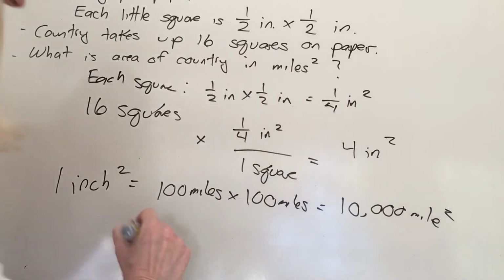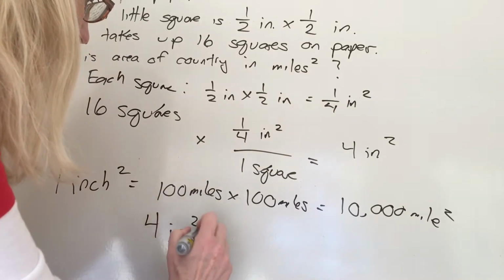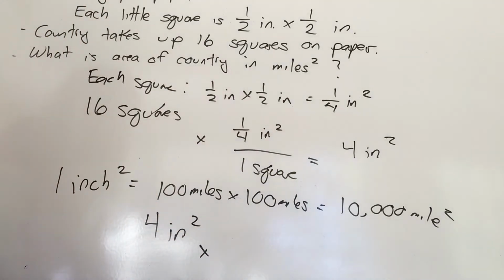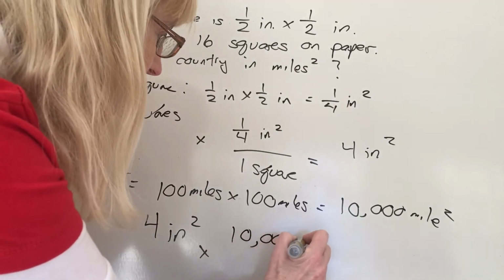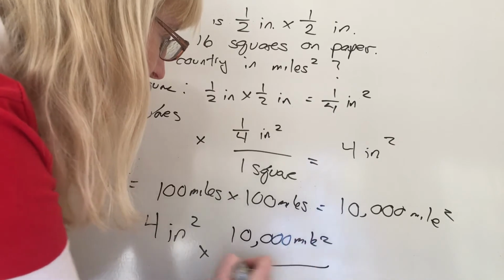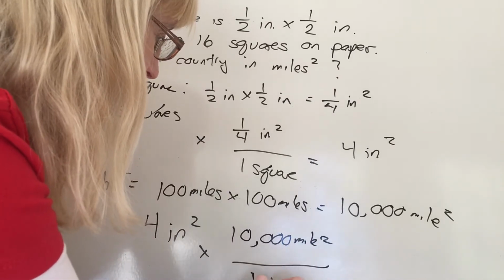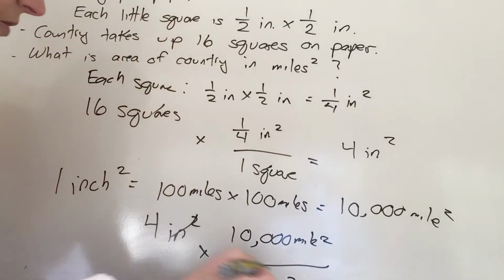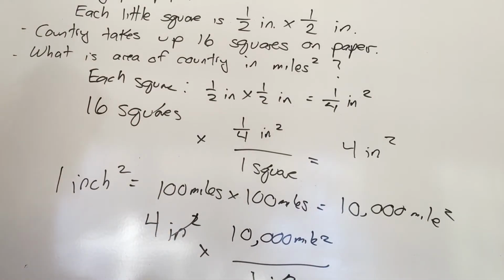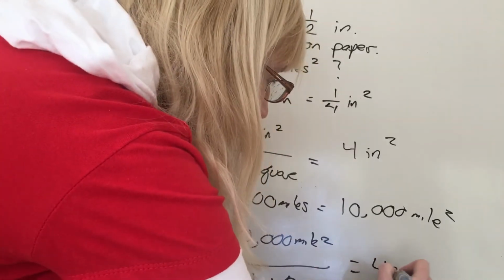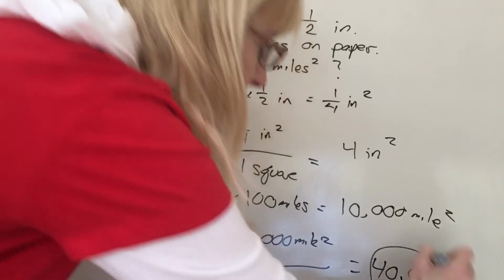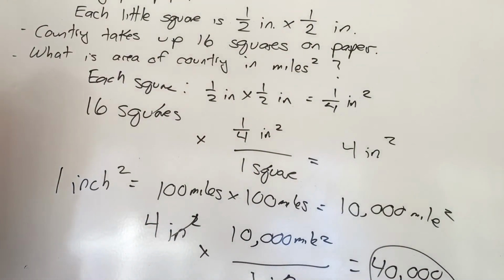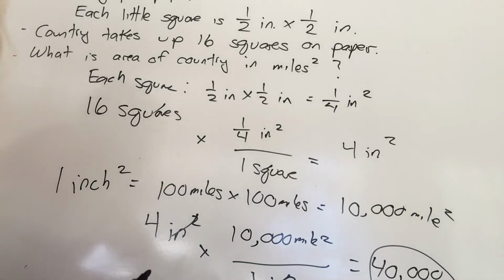We had 4 inches squared. So we just have to multiply that by our 10,000 miles squared divided by 1 inch squared. So the inches squared cancel out. So you just do 4 times 10,000 and you get 40,000 miles squared. So if you do the quiz, it's just different numbers, guys. No big deal. Okay?